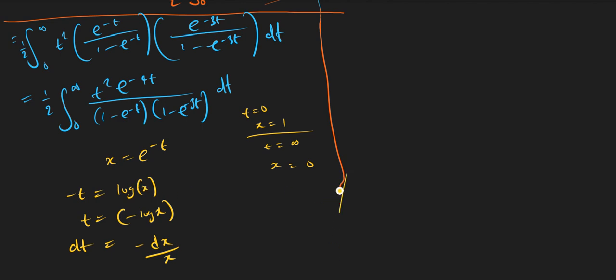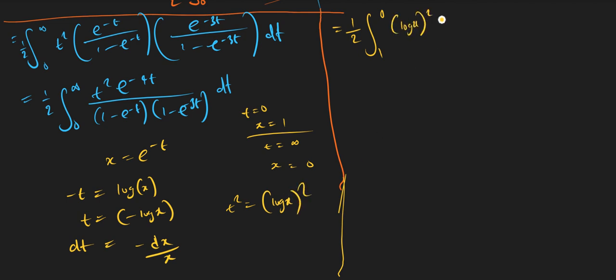So basically, everything here would become half the integral from 1 to 0 of, this is t squared. T squared would be logarithm of x, all squared. So this is logarithm of x all squared, times e to the negative 4t, which is x to the 4th power.